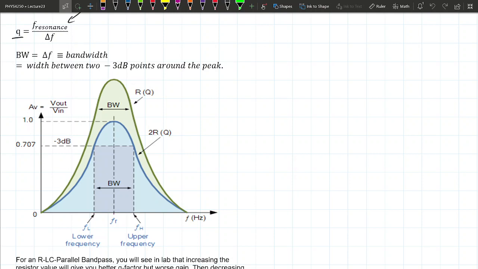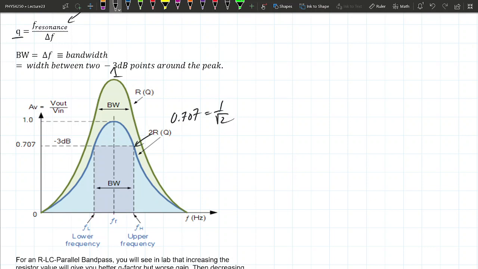To get the bandwidth, you're going to change your frequency until you get to, remember, if the gain at the peak is 1, what will be the gain at the negative 3 dB point? Do you guys remember what that number is? 0.707. It's technically 1 over square root of 2, but 0.7 is probably close enough. So you change your frequency until you get 0.7 of your maximum gain.